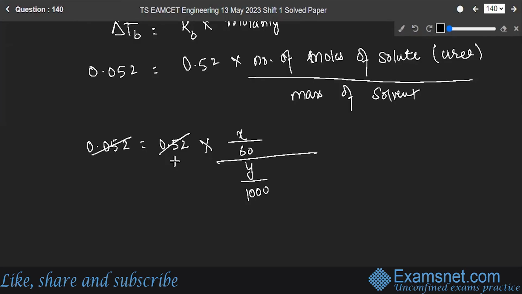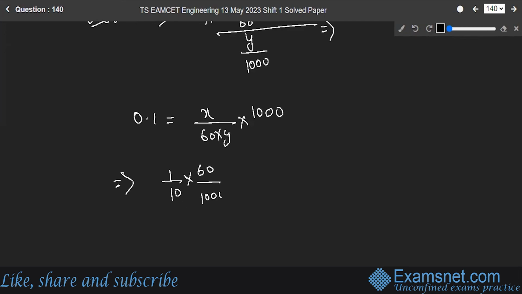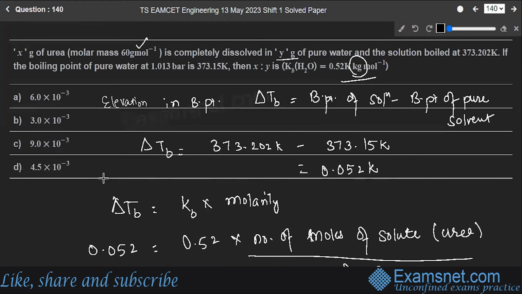This will be 0.01, or you will have here 0.1 is equal to x upon 60 into y multiply by 1000, or you will have 1 upon this multiply 60 upon this is equal to x upon y, or you have this as 3 by 5. So x is to y is equal to 3 by 5, 3 is to 5.